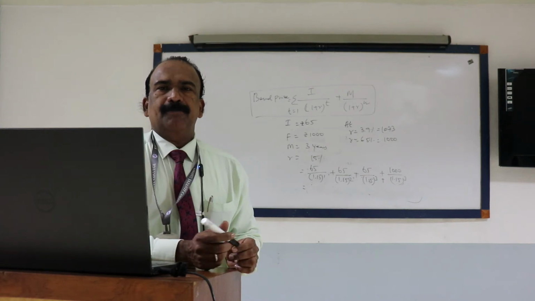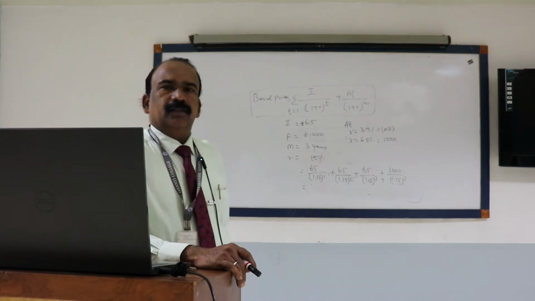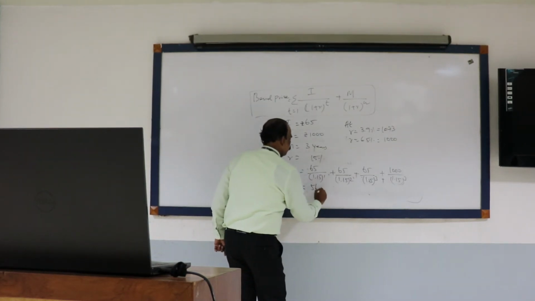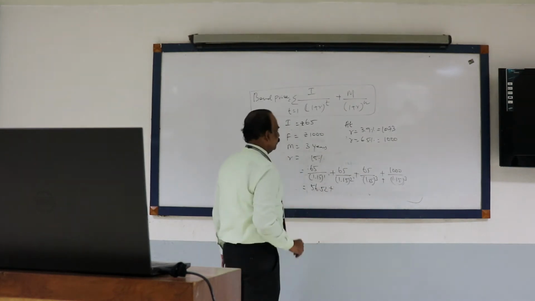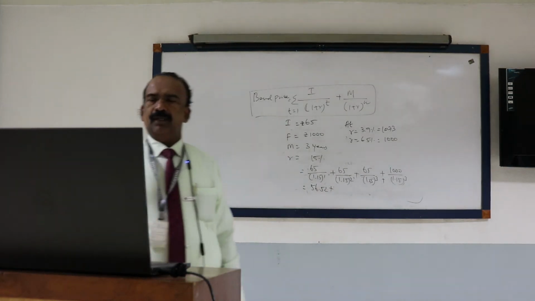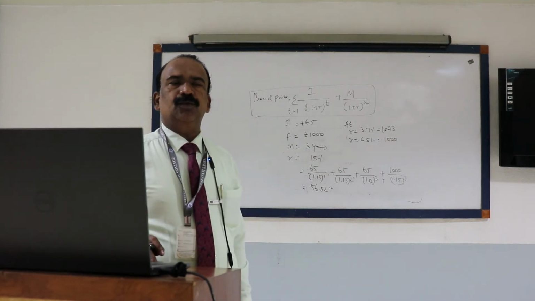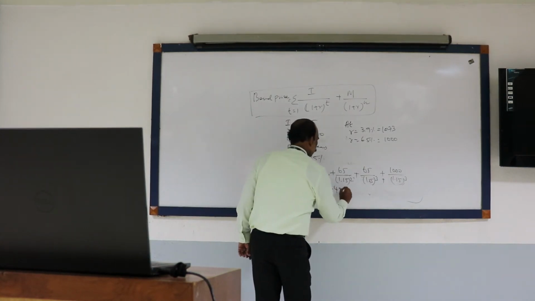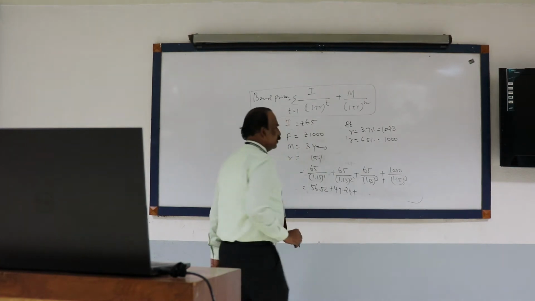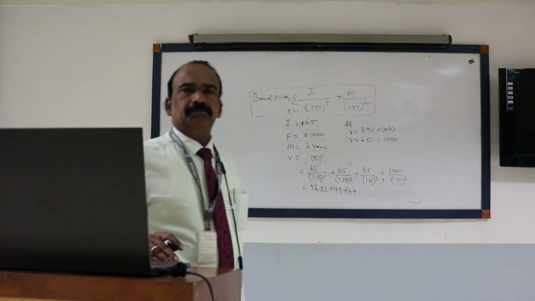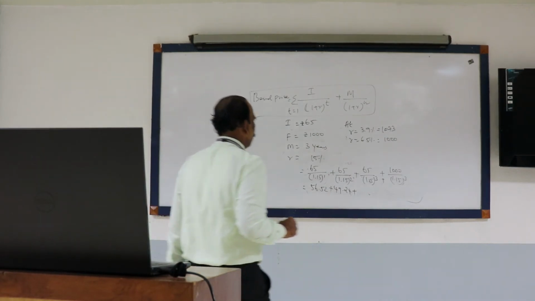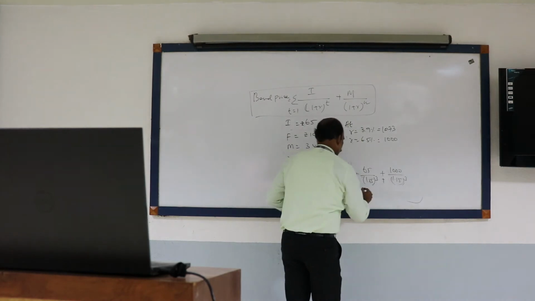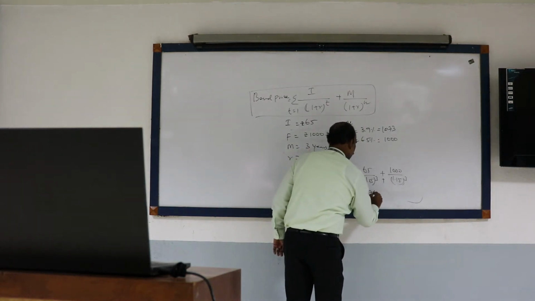How much comes? The first one is 56.52. Plus 65 divided by 1.15 power 2, that is 49.24. Plus 65 divided by 1.15 power 3, that is 42.76.